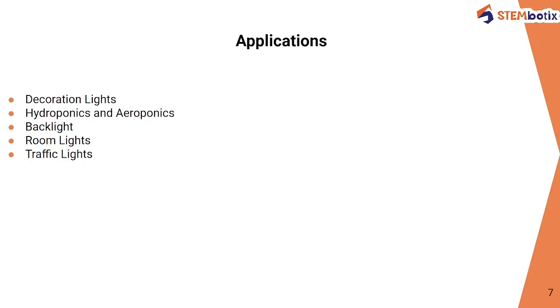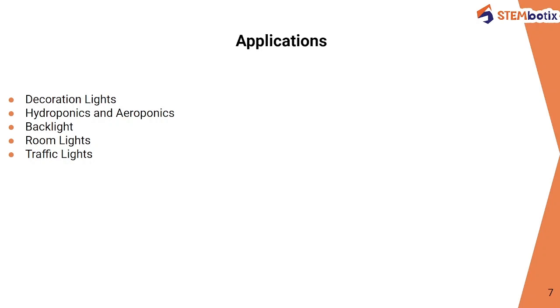The second application is hydroponics and aeroponics, then backlights, room lights, and traffic lights. RGB LEDs are also used where we need some indication through a light, or in photosynthetic parts of our project. We can use RGB LEDs.